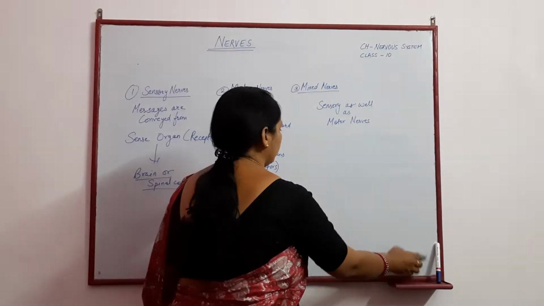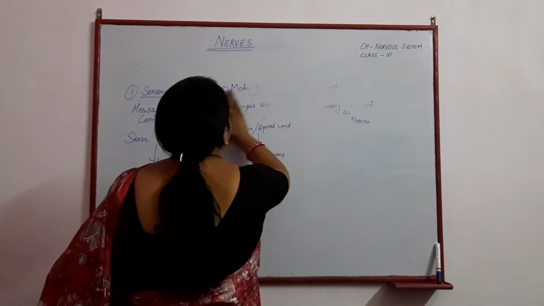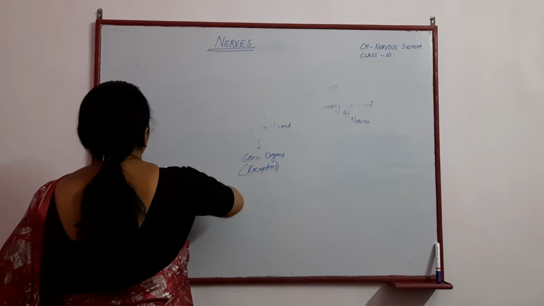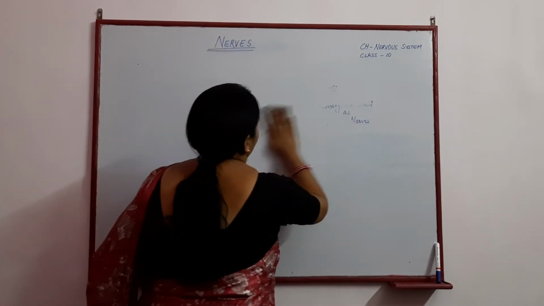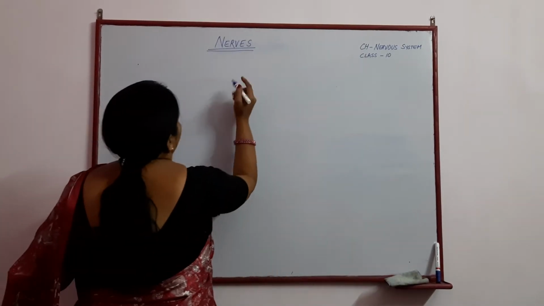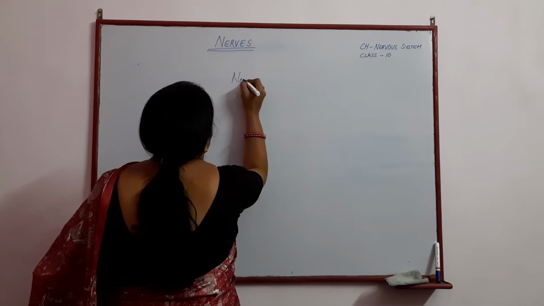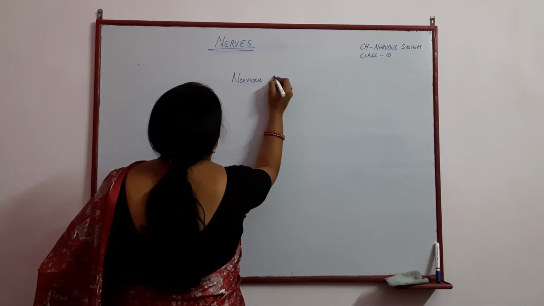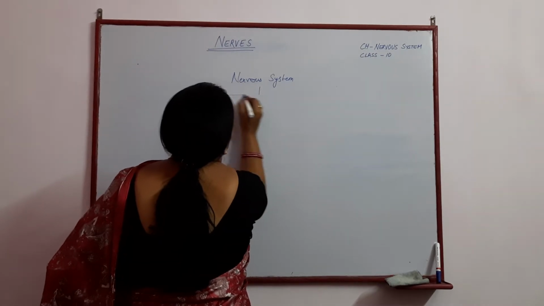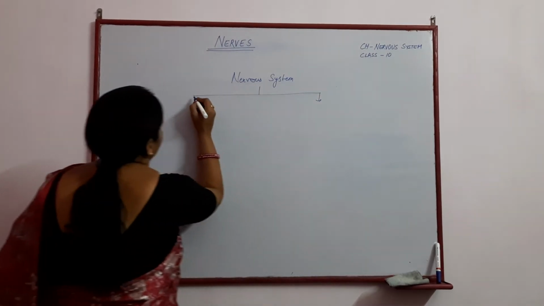Now the types of nervous system. The nervous system comprises two basic units.